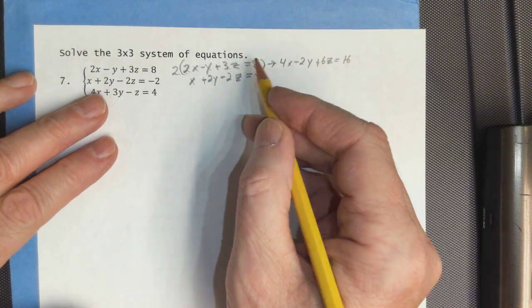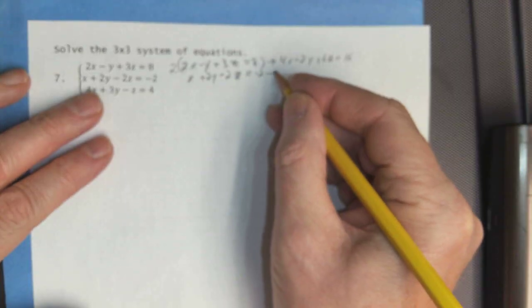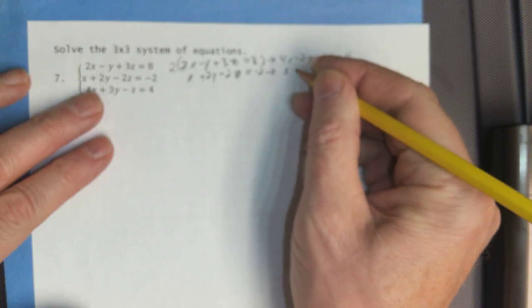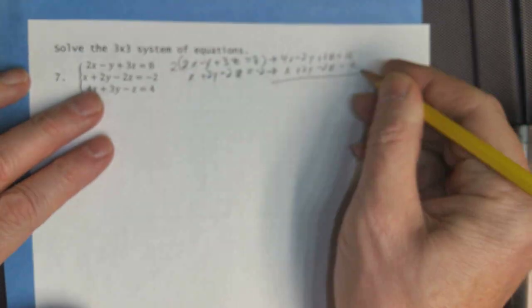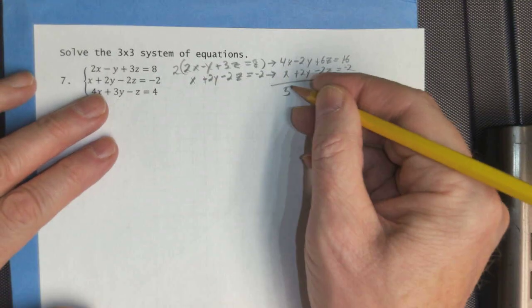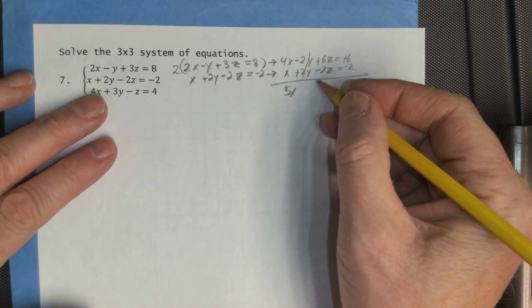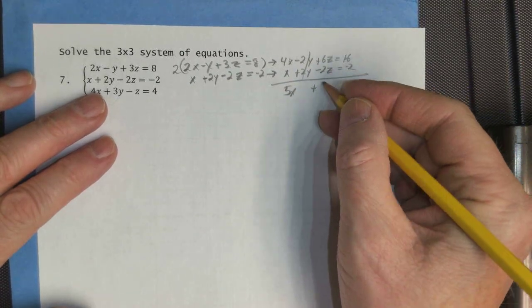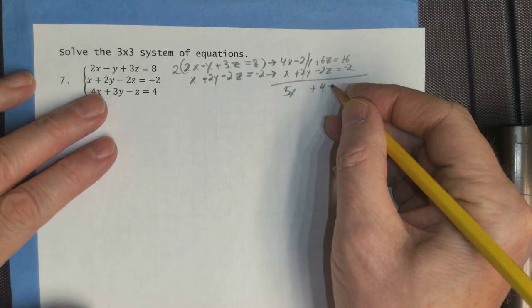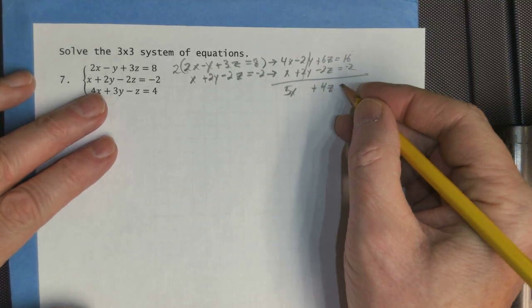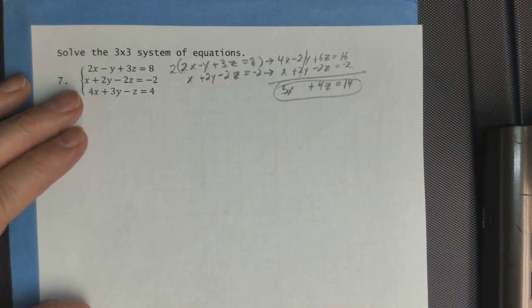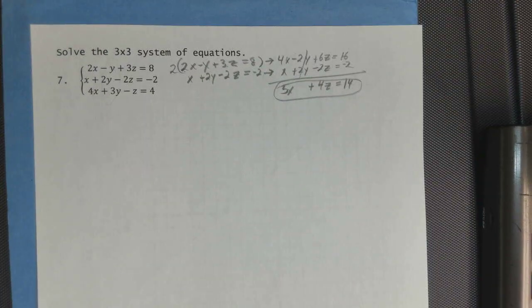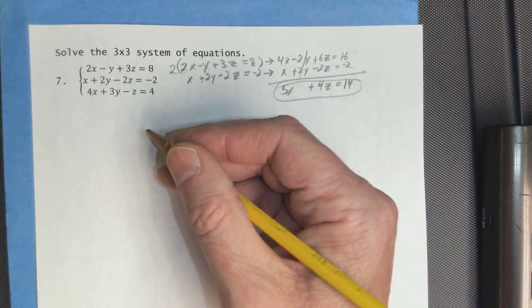Yes, and do not forget that. All right, and x plus 2y, looky there, minus 2z equals -2. 4x and 1x is 5x. The y's are canceling. 6z and -2z is 4z. 16 and -2 is 14. All right, there is one. 5x plus 4z equals 14.